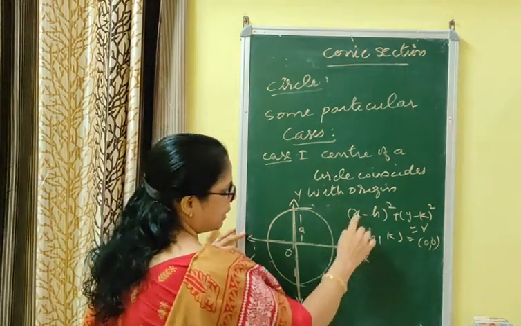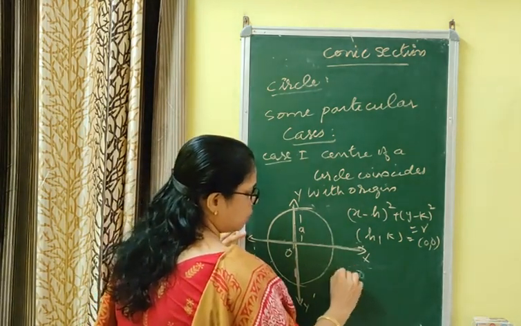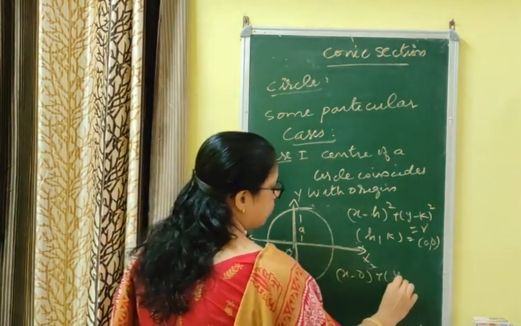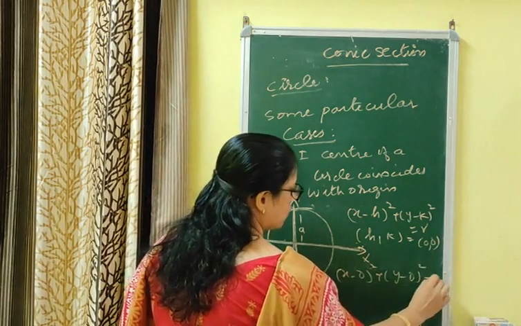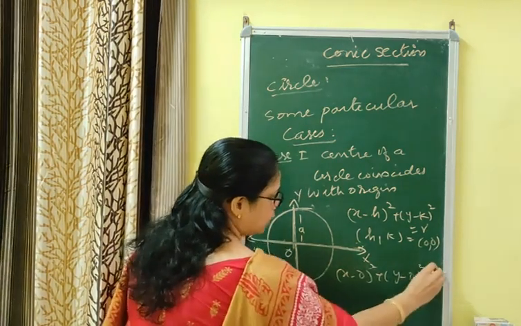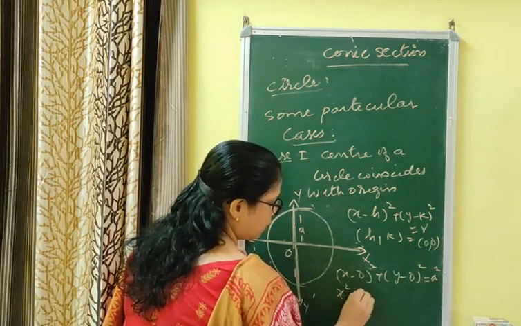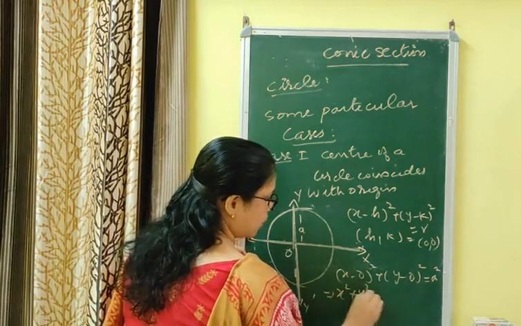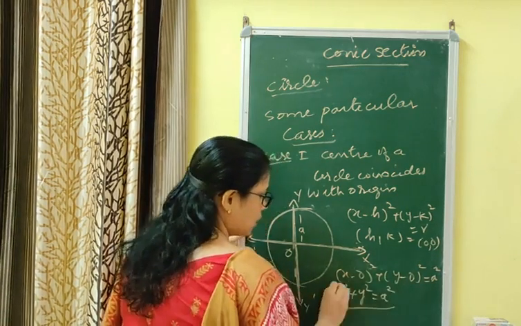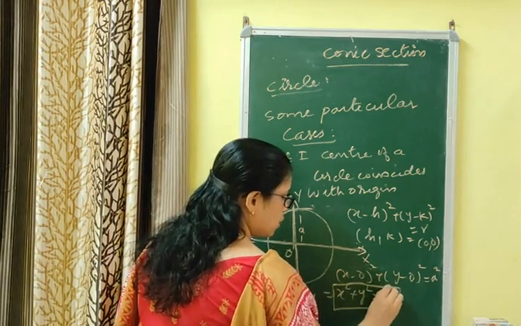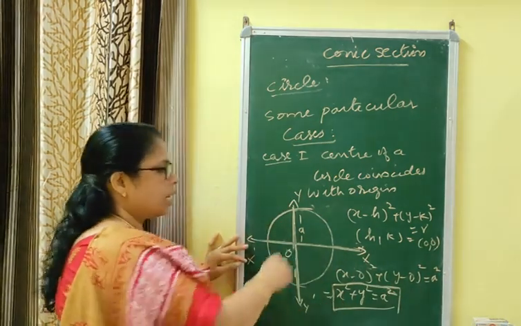Then the equation becomes (x minus 0) whole square plus (y minus 0) whole square is equal to a square, that is, x square plus y square equal to a square. This is the equation of a circle with center at the origin and radius a.